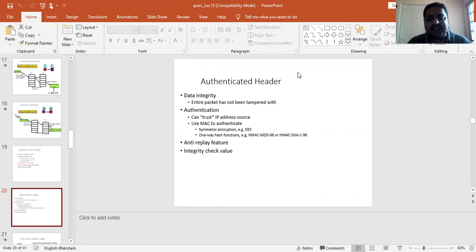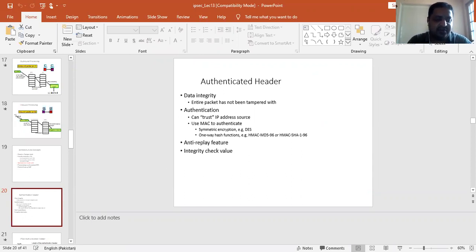Symmetric encryption is provided using DES or AES algorithms, and asymmetric encryption is provided using the RSA algorithm or other algorithms like elliptic curve cryptography. So these are the different algorithms used to provide security at this layer.